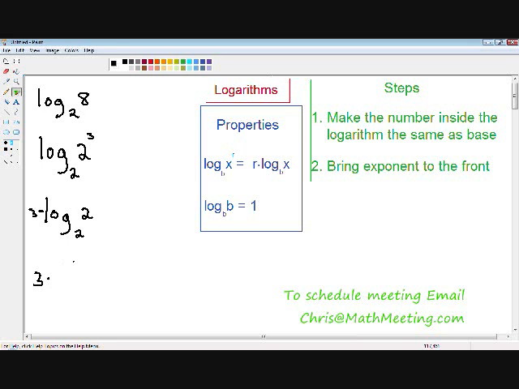Once again, the base is the same as the number inside the logarithm, so the log base 2 of 2, according to our second property, is equal to 1. And 3 times 1, very simple, is just equal to 3.